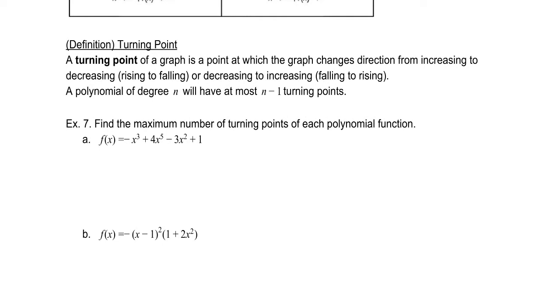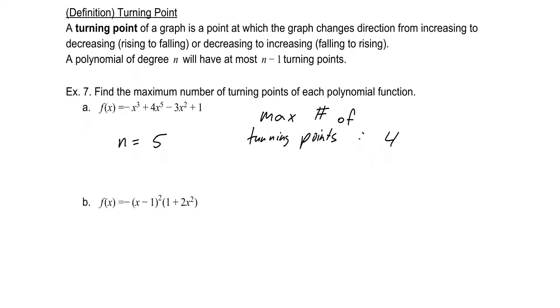All right, the degree for part A here, the highest exponent is actually an x to the 5th. So turning points, okay, so the maximum number of turning points is 4. This function could turn 4 times. Now it might not have that many, but the maximum number it can have is 4.